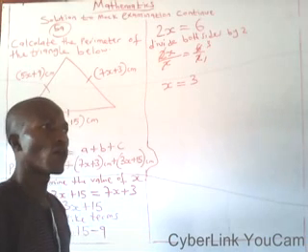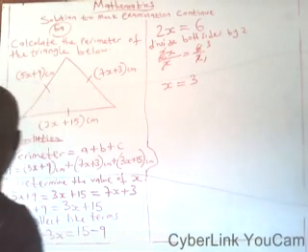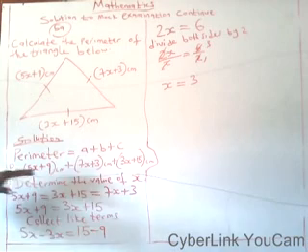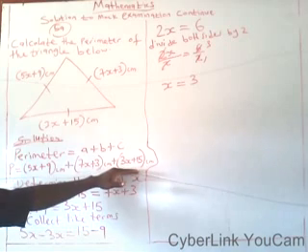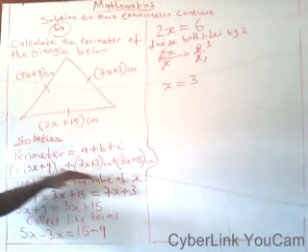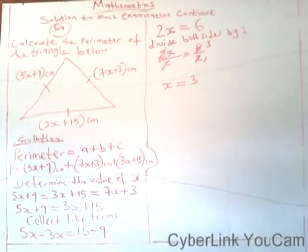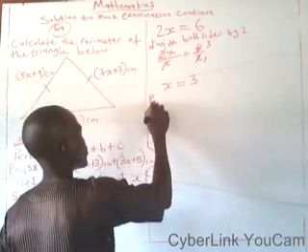Now, if our value of x is equal to 3, and we said here that perimeter is equal to what? This plus this plus this. And I said earlier that what is disturbing us from doing the calculation smoothly is the value for x. Now we have determined the value of x to be 3. Now let us come back to the perimeter.